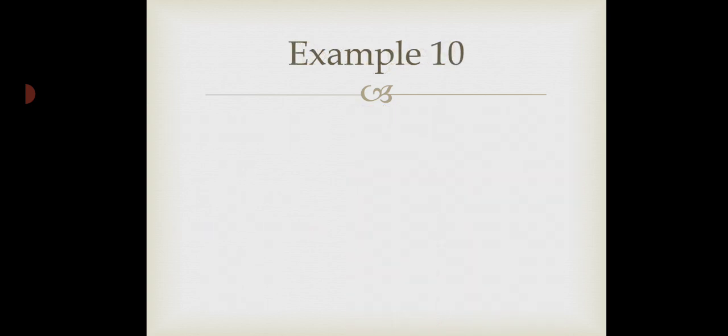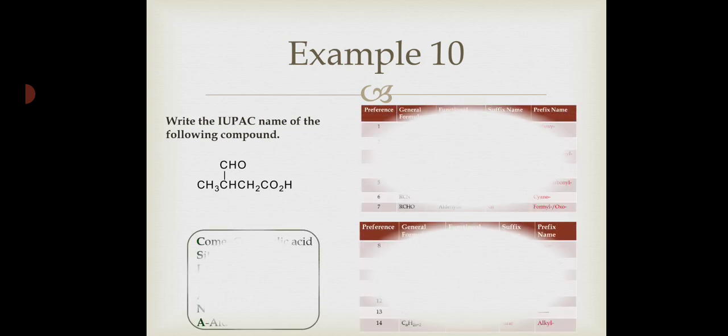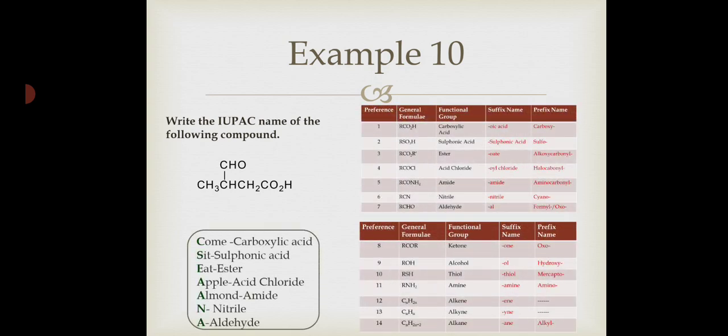Next, write the IUPAC name of the following compound. Again, 2 functional groups, aldehyde and carboxylic acid. Refer to the priority table and trick. Carboxylic acid gets preference over aldehyde. So the numbering goes like this.